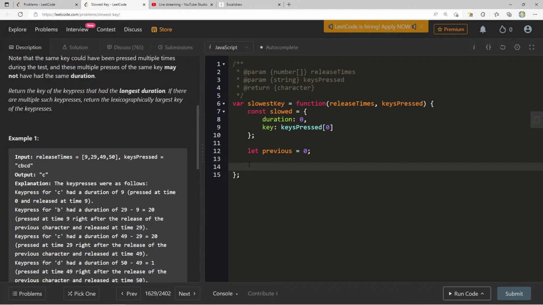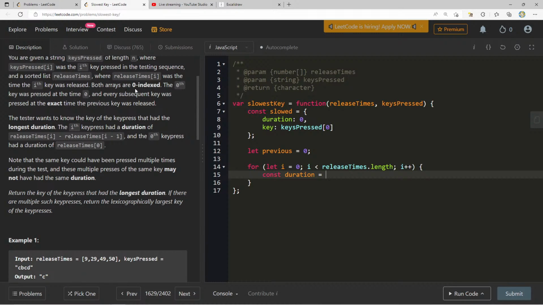Let previous equal 0. We'll do for let i equals 0, i less than release times dot length, i plus plus, const duration equals release times of i, and I guess we just want the absolute value, right? Because is it going to be in increasing order?